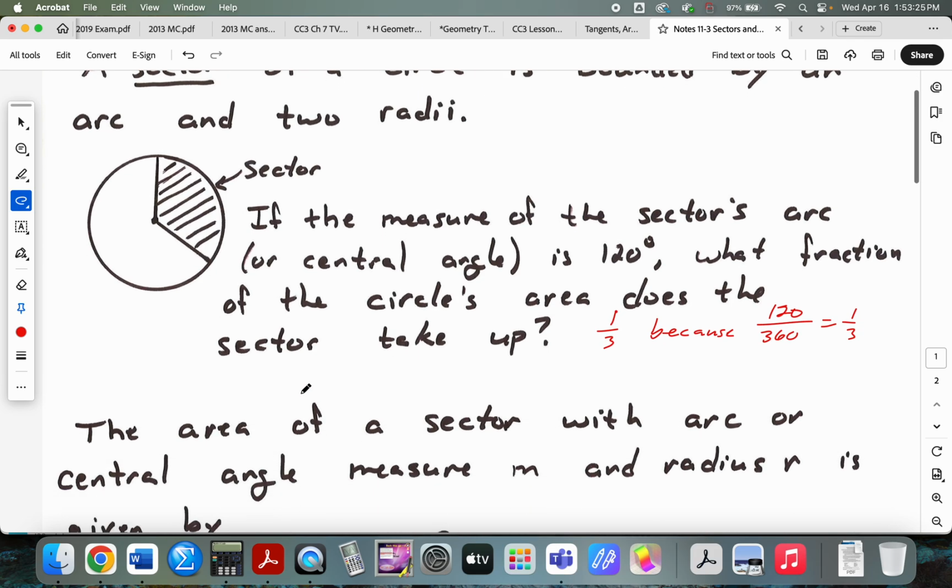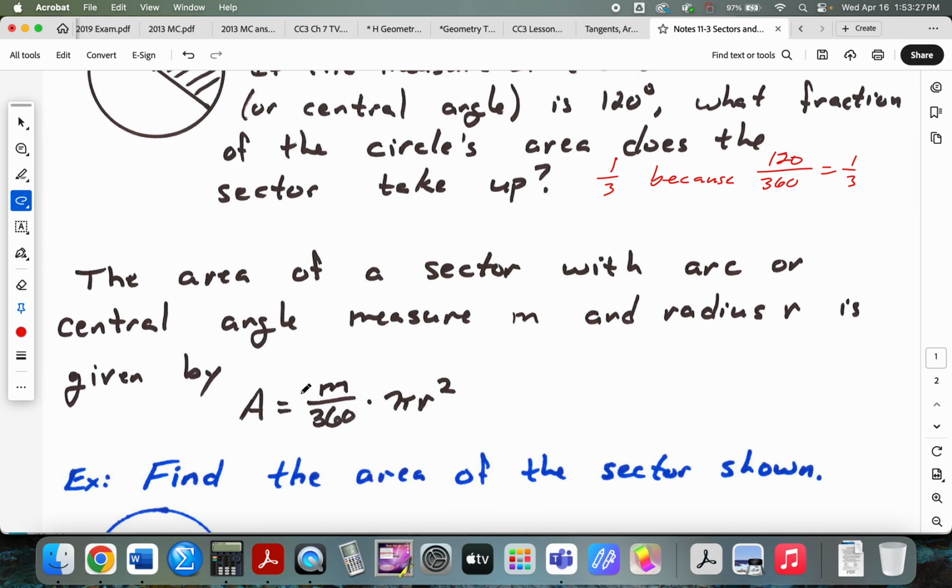So in general, the area of a sector with an arc or central angle, measure m and radius r, is given by this formula. Area is equal to m over 360 times pi r squared. The m over 360 is the fraction of the circle.